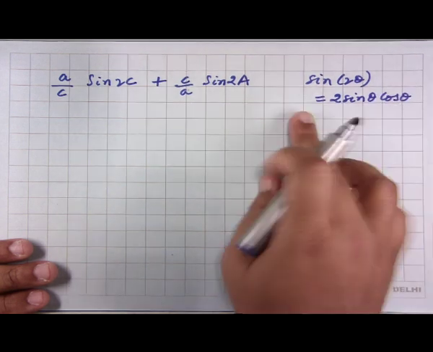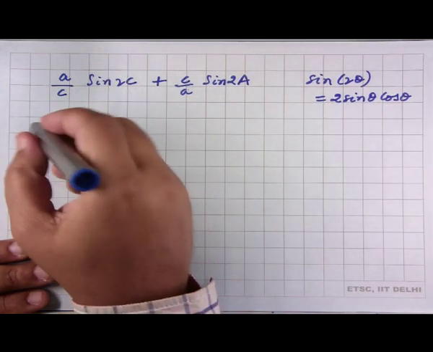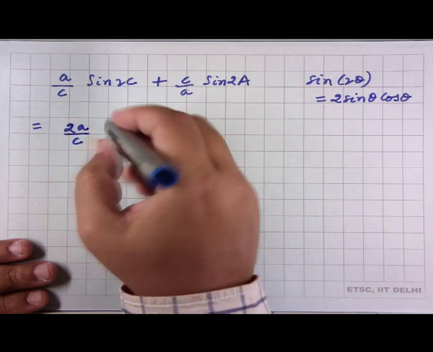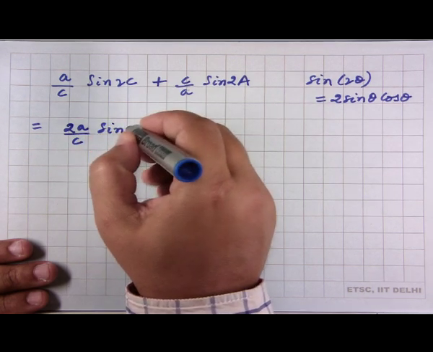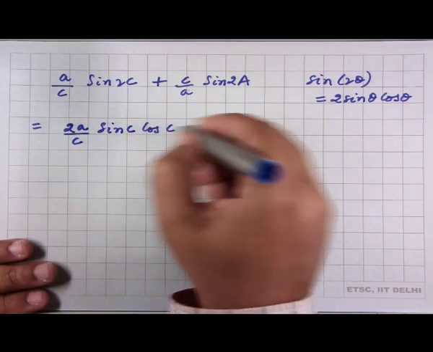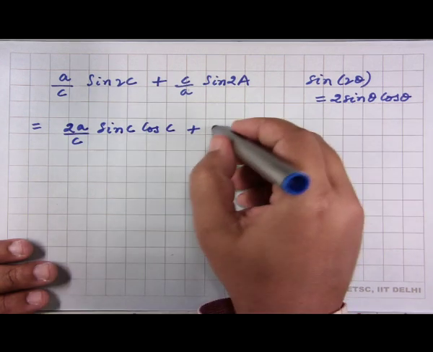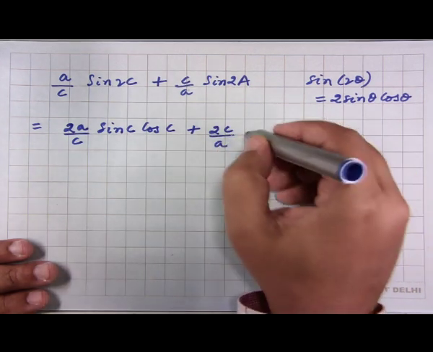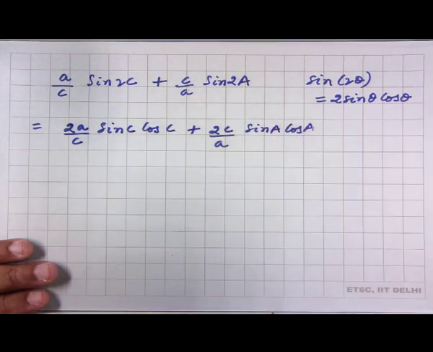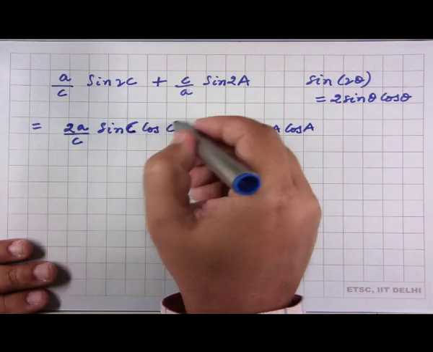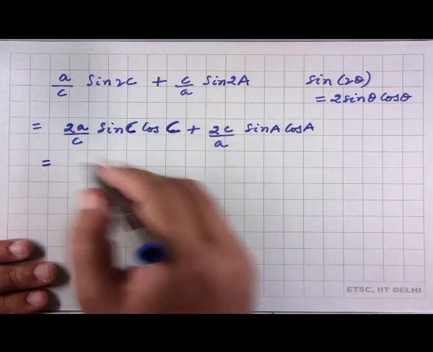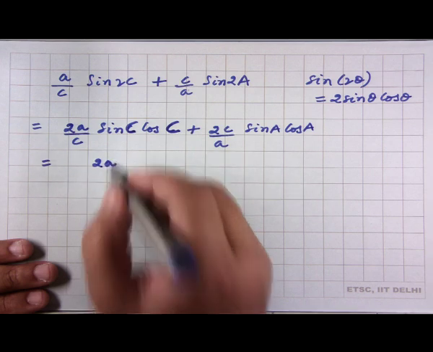So, using this identity we get this to be equal to 2a upon c sin C into cos C plus 2c upon a into sin A into cos A. Please note that this is an uppercase C and this is a lowercase c.